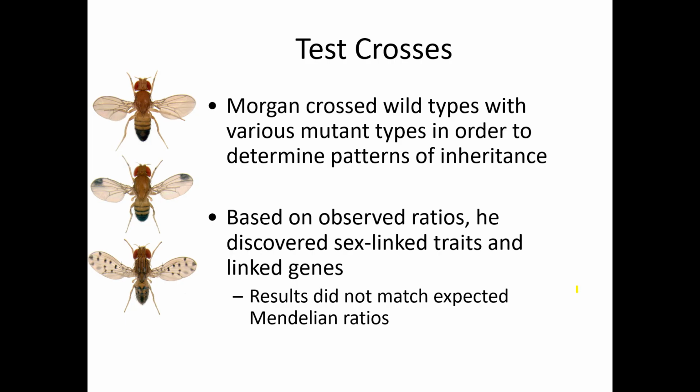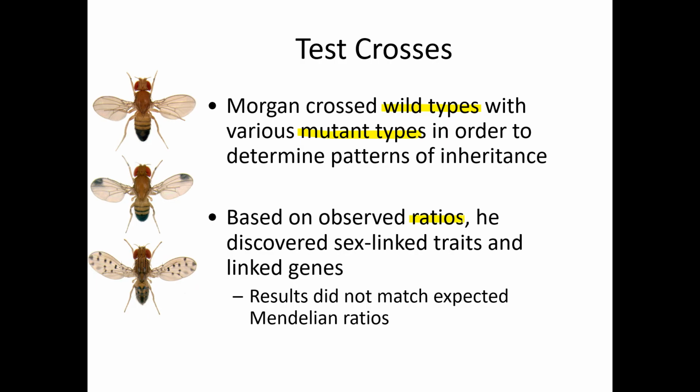And so this is what Thomas Hunt Morgan did. He and his group that worked together, they would cross a wild type with a mutant. So this is always going to be your P generation. It's always going to be a homozygous wild crossed with a homozygous mutant. They would look at the F1s, they would let the F1s mate, and then they would produce the F2s. And from that, they would look at the ratios.